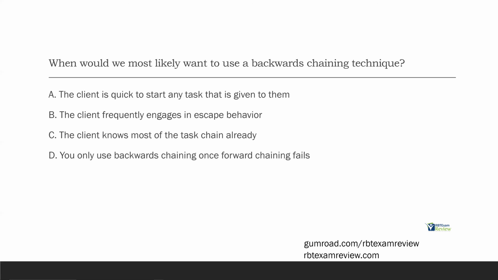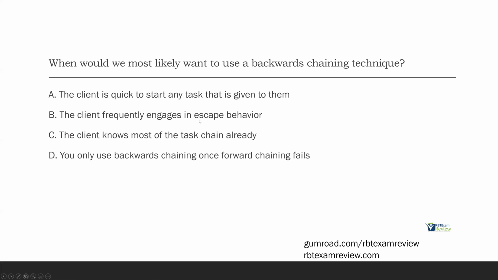Backwards chaining is good for escape behavior, because reinforcement functions as escape. Think about it. If you reinforce the last step of a chain, the chain is done. That in itself is reinforcing. So in order to help this escape behavior, we might use backwards chaining and use escape as reinforcement. B is better than A so far.